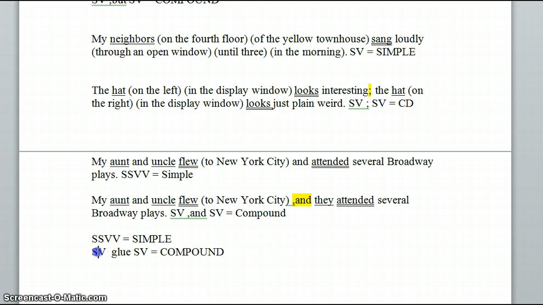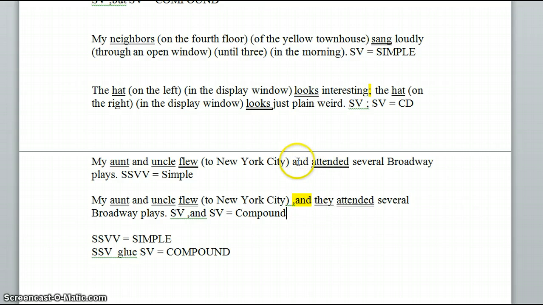So this is compound. Why is this a compound and the one above is a simple? If you think about it, they both have subjects and verbs. The key is this "and." I want you to really look at that "and."